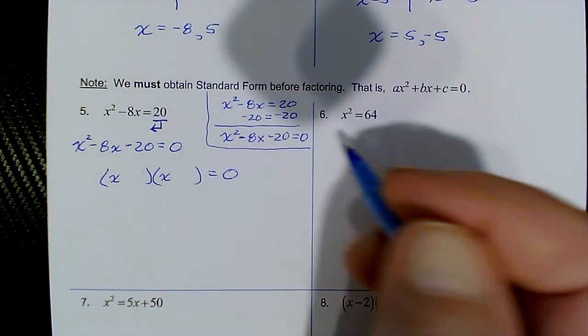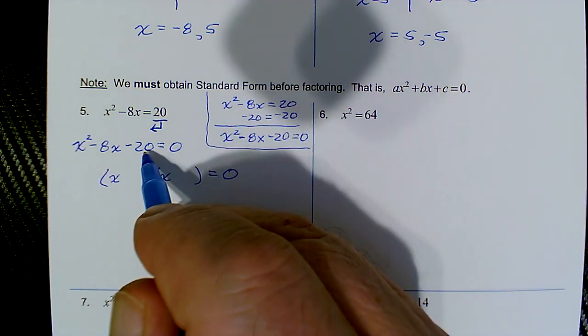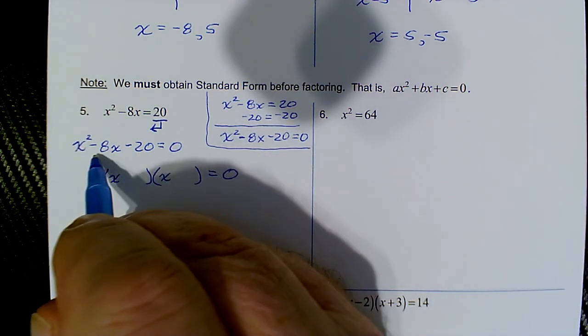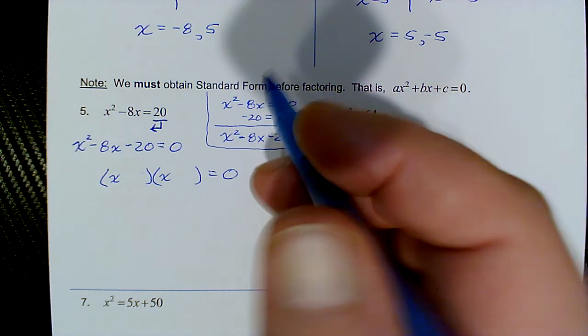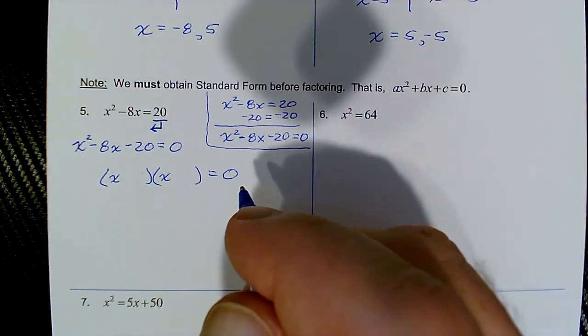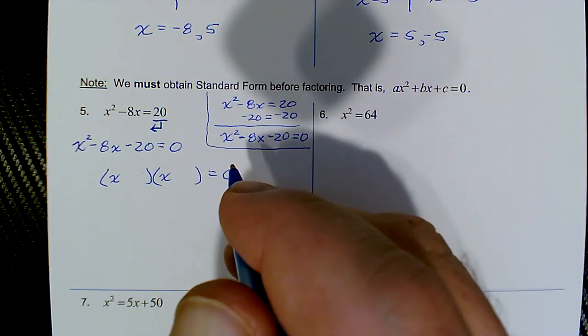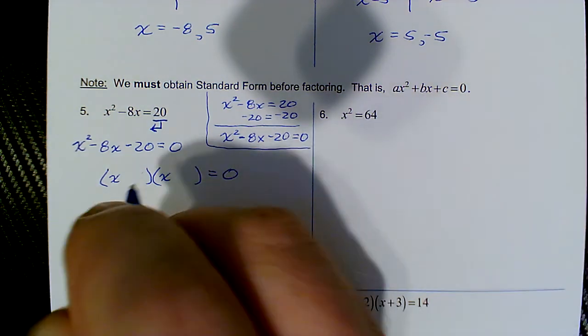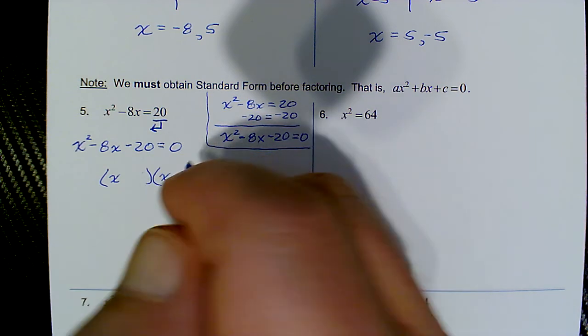And then we're basically just looking for two numbers that multiply to give negative 20 that add to give negative 8. Now, again, you could use any method you like. I like the trial and error, as I've said many times. If I'm going to use trial and error, maybe I check for the signs next.